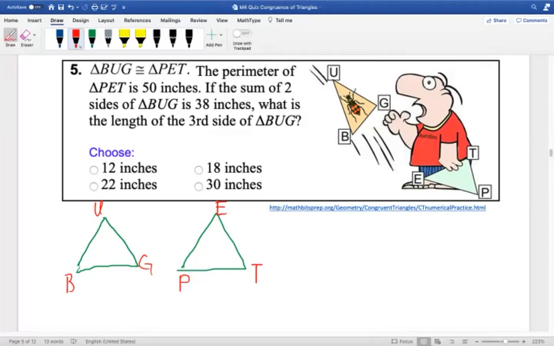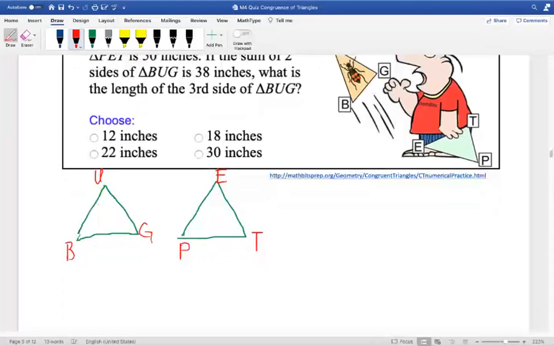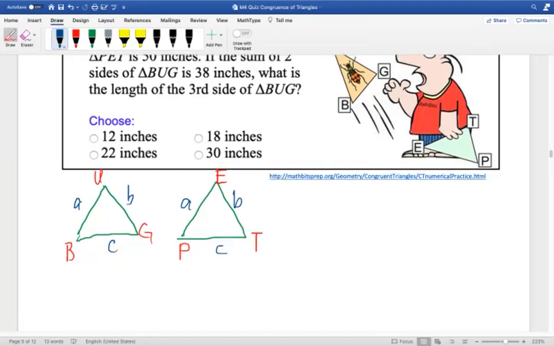The perimeter of triangle PET is 50 inches. Let's say the sides are A, B, and C. Since the two triangles are congruent, the sides of BUG are A, B, and C as well.